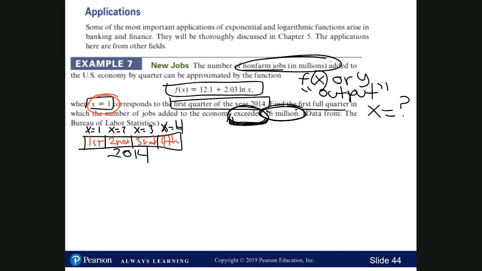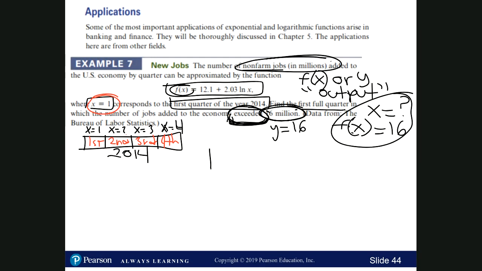So what I'm going to do is substitute f of x, or the output, or the y value. So this is telling me if y is equal to 16, or f of x is equal to 16, find x. So that's what we're going to do with the function. Instead of f of x, we're going to substitute that with 16.